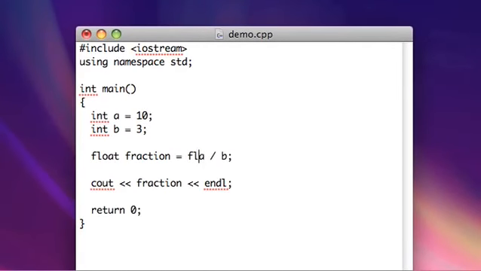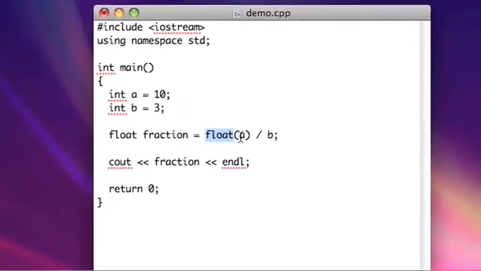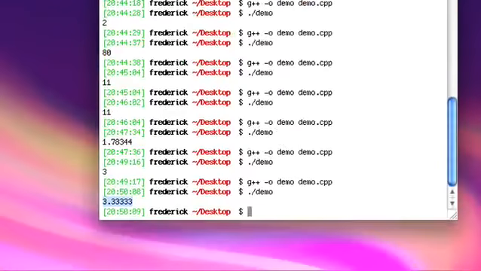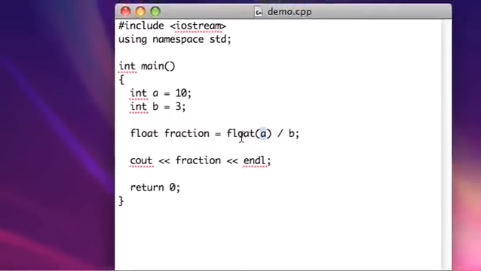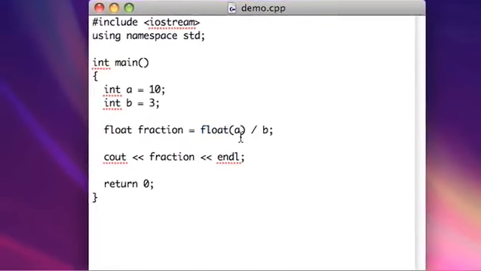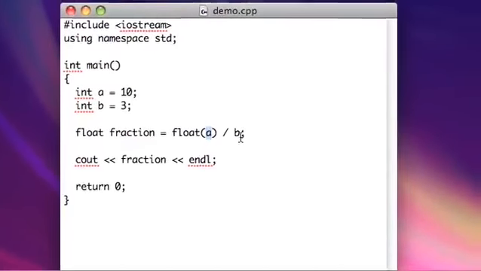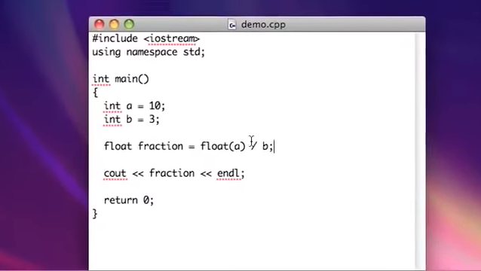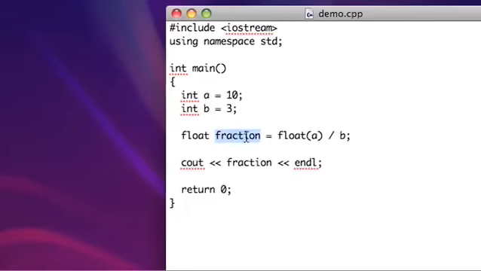The way that you do this is you would type float and then use float as if it were a function name to typecast a into a float. So as you see, if we go ahead and compile and run this, we're getting 3.333, and that's because we're converting this a, this integer, to a float for the purposes of this mathematical expression. That's going to give us a floating point number back into fraction.